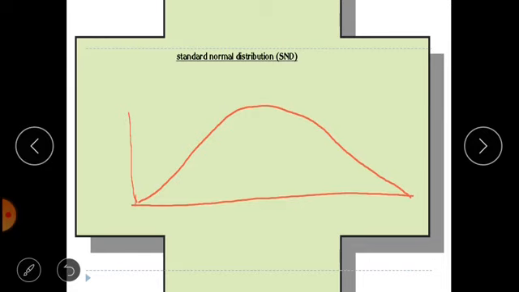Okay, so sa gitna kung saan nandoon yung mean natin, kung matatandaan nyo yung mean, huwag nyong kalimutan yung ating mga yung mga tawag yun, vocabulary dito. Okay, so ito yung ating standard normal distribution or SND.